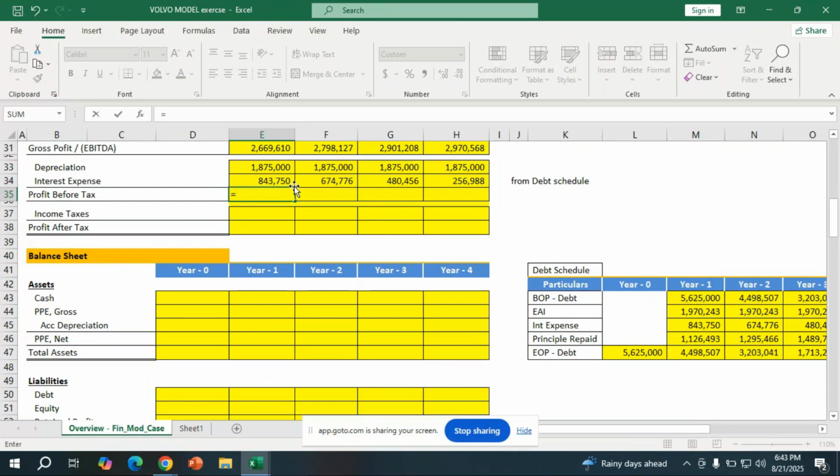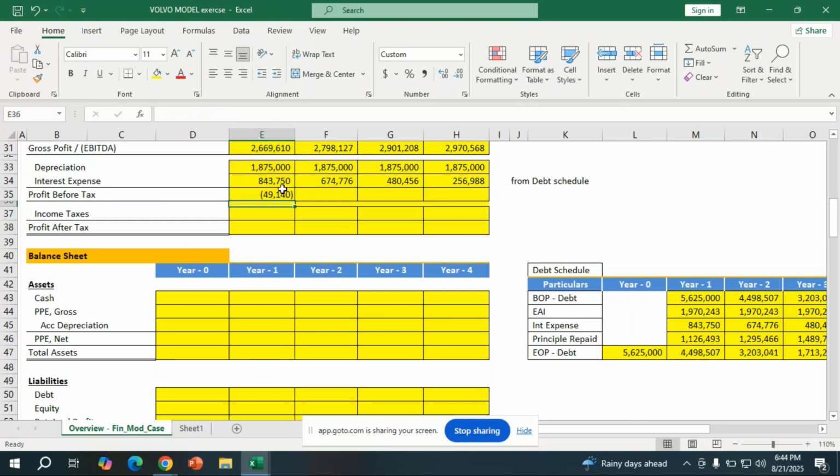And now you have to arrive at your PBT, nothing but gross profit minus depreciation minus interest expenses, or minus the sum of both. So if you do like this, make a try.